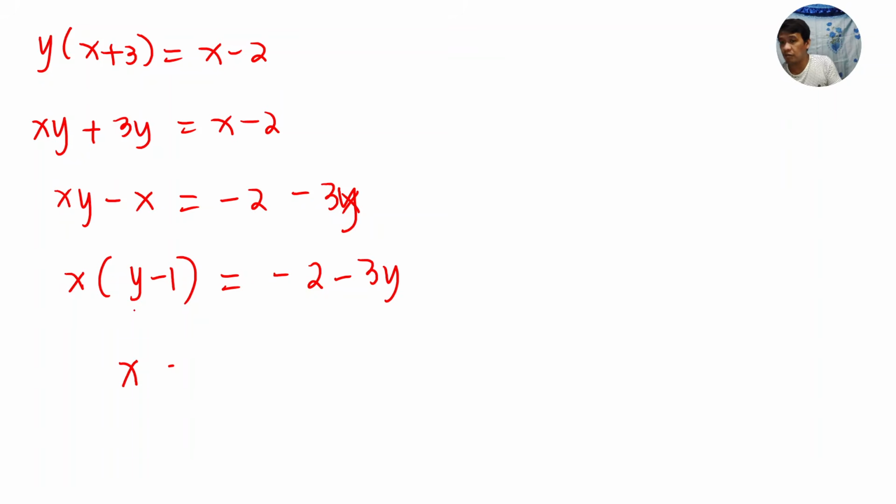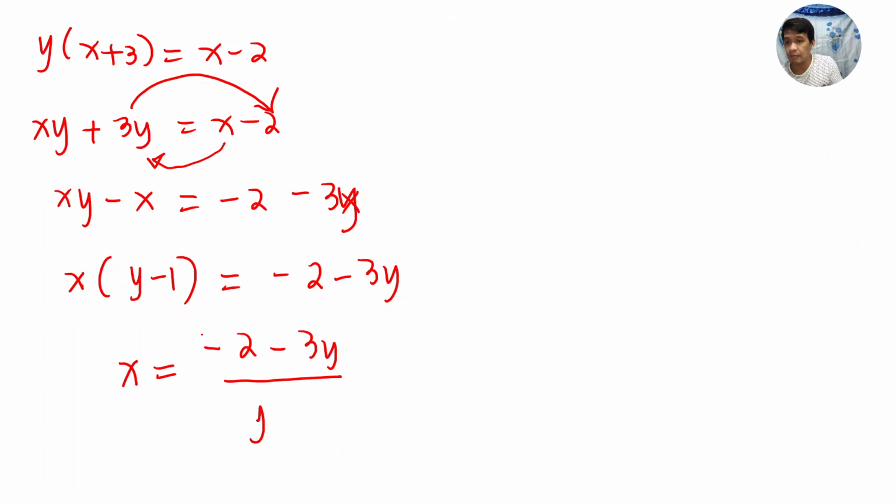Again, why did this become minus 3y? We transposed the 3y to the right side and the x to the left side. Then, to solve for x, divide both sides by y minus 1. So x equals negative 2 minus 3y over y minus 1. We have now expressed x as a function of y.